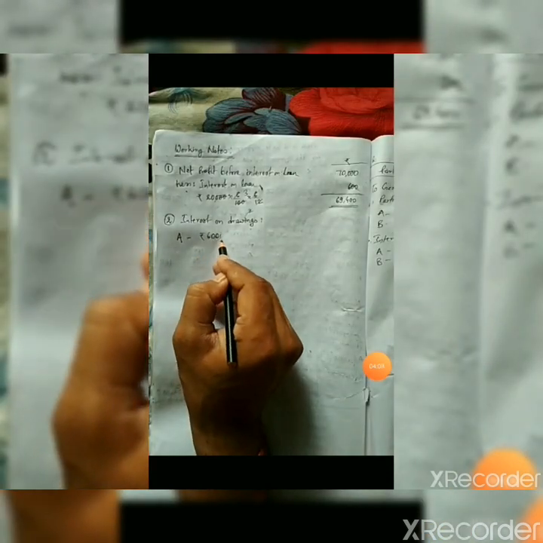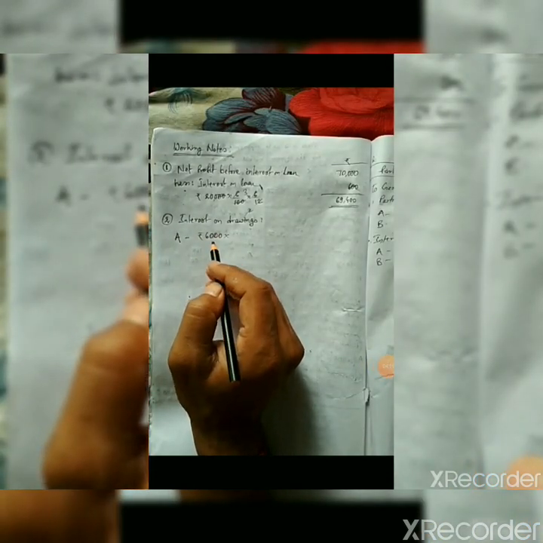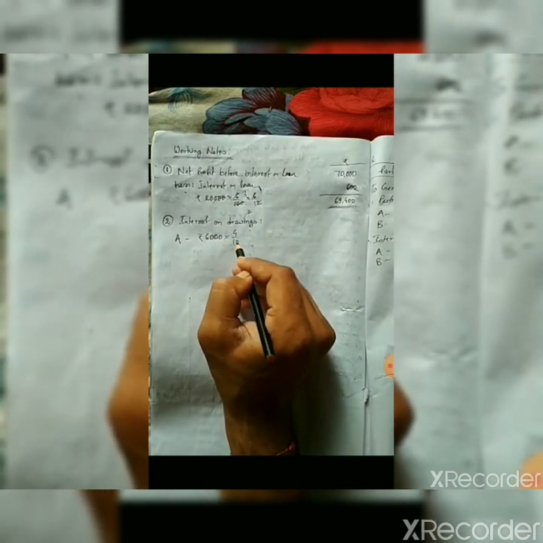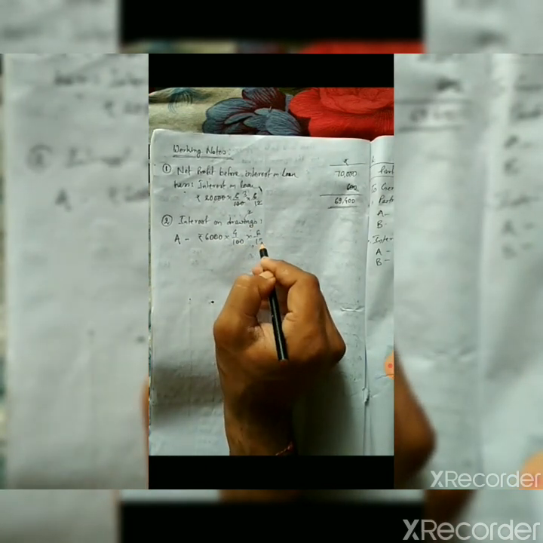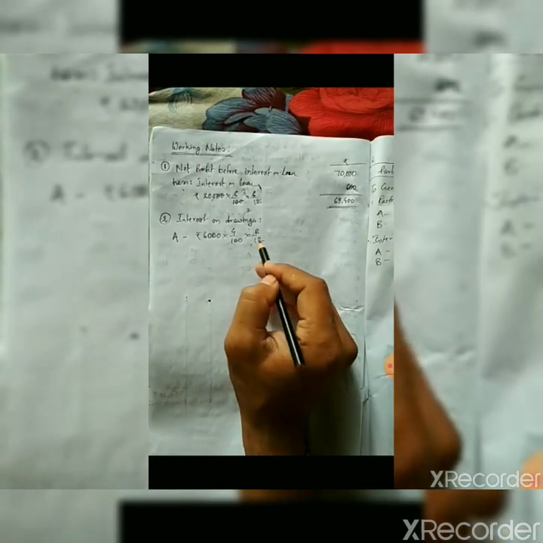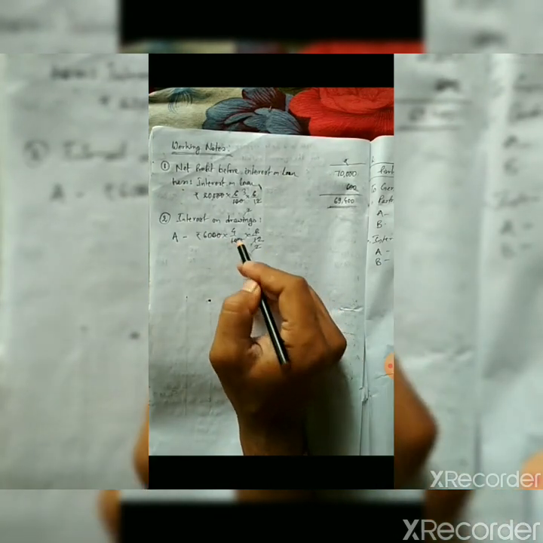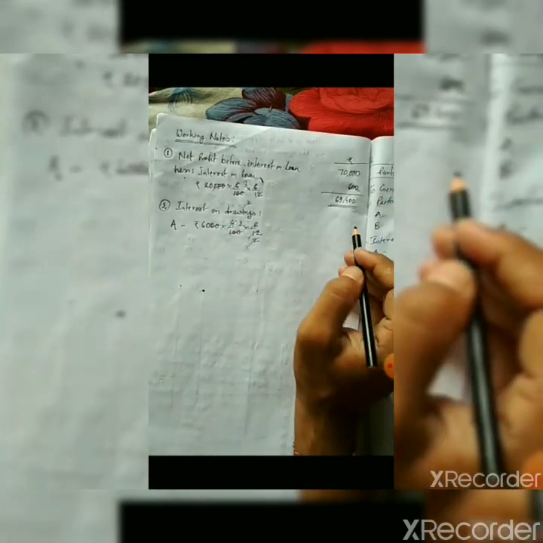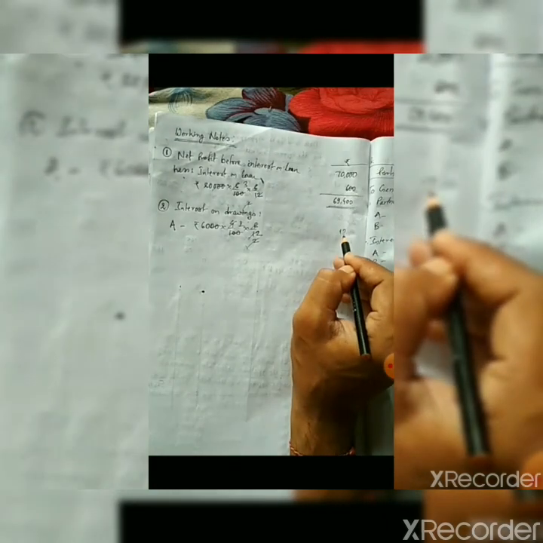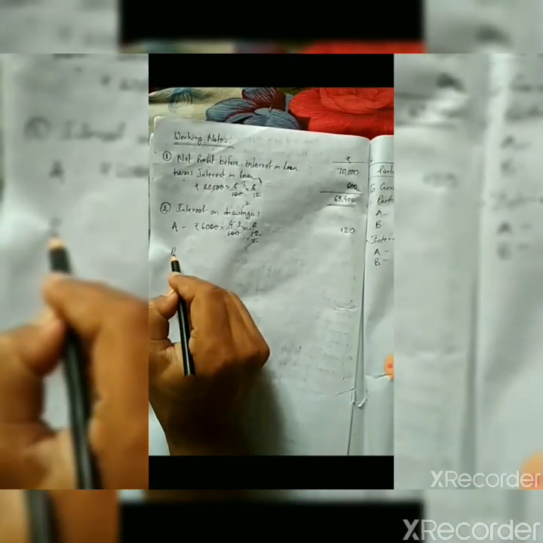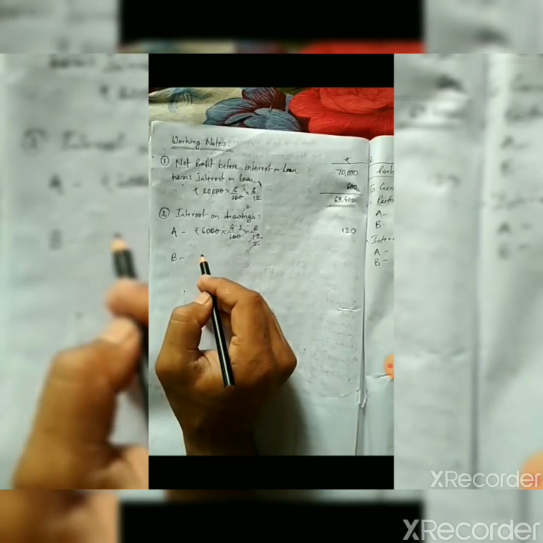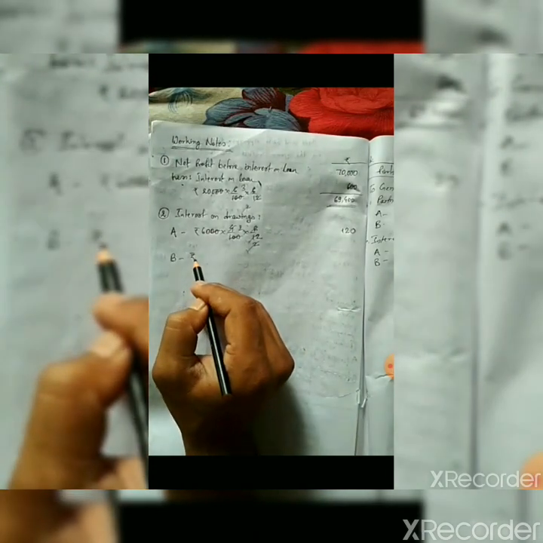One more working note you have to make, that is interest on drawings. Now interest on drawing is given at the rate of 4%, but here since no information about the time of drawing is given, on an average only 6 months interest will be paid to the partner. So in case of A it will be 6,000 into 4 by 100 into 6 by 12, and it will come to rupees 120.